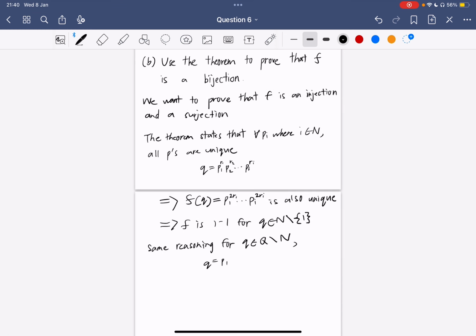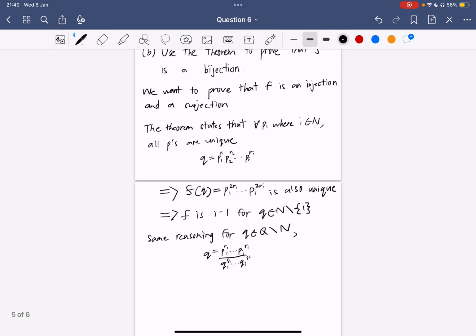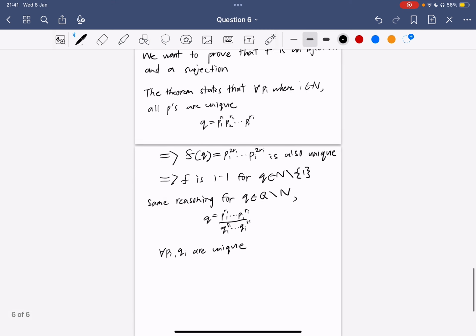Q given by this implies that f of q is also unique.